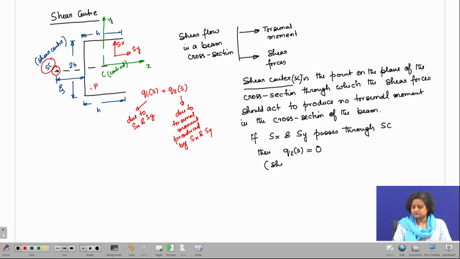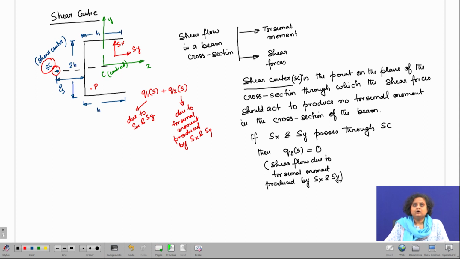Q2S is the shear flow due to torsional moment produced by Sx and Sy. Okay. So, therefore, if the Sx and Sy pass through the shear center, the net torsional moment on the beam is 0, and therefore, we need not consider Q2S.